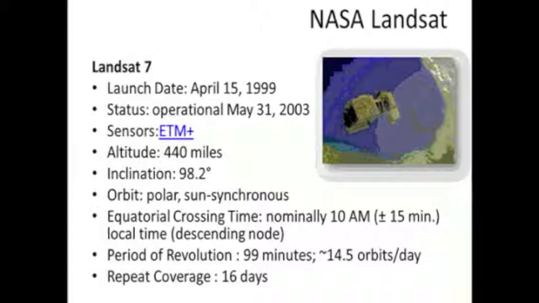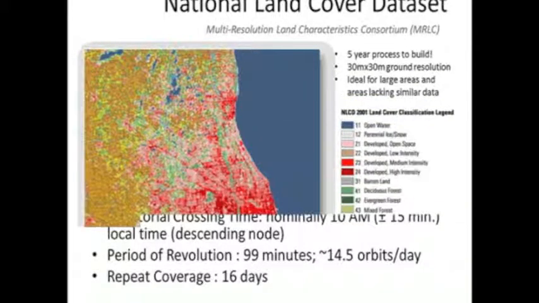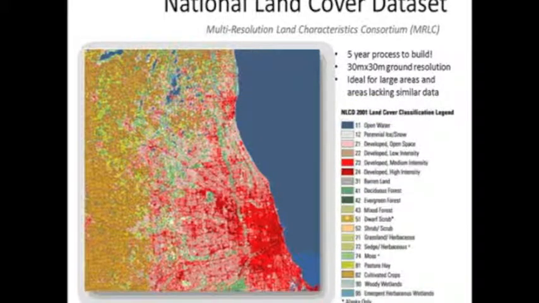Again, this thing's up 440 miles in the air. It crosses over the same spot on the Earth every 16 days, which is great because we can constantly be comparing images. The Multi-Resolution Land Characteristics Consortium, or the MRLC, is the group that put the NLCD, or National Land Cover Data, together.